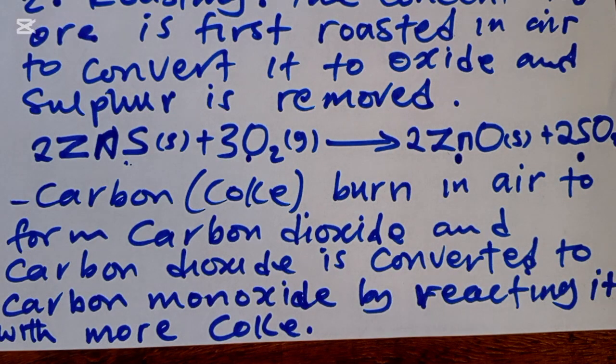So that is the most important point again. Coke burns in air to form carbon dioxide. Then carbon dioxide is converted to carbon monoxide by reacting it with more coke. This carbon monoxide is used as a strong reducing agent. So let us look at the reduction method now.